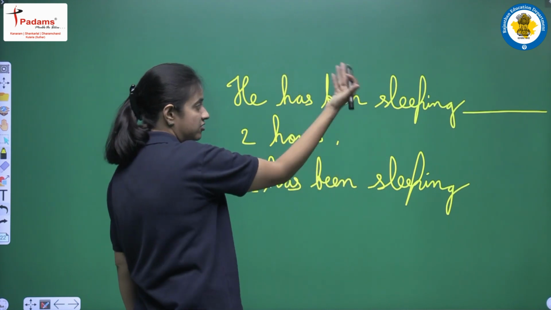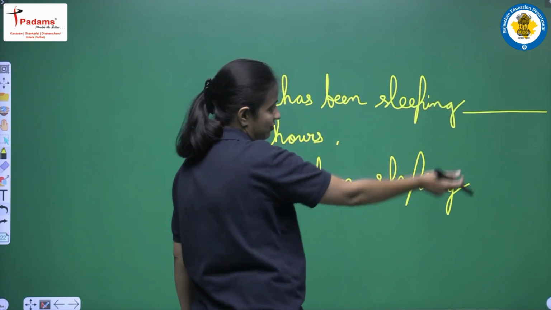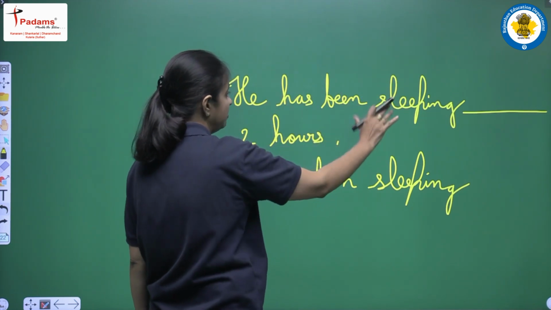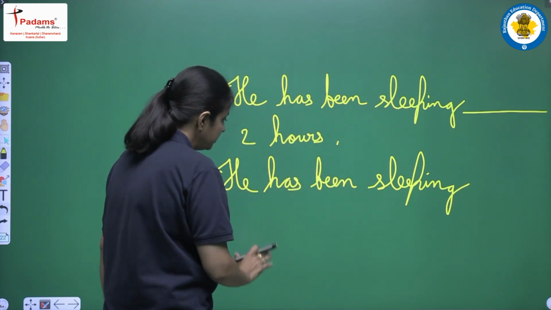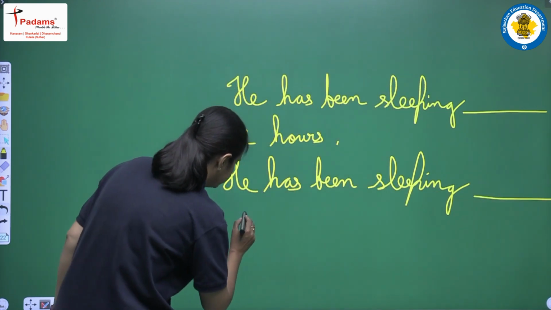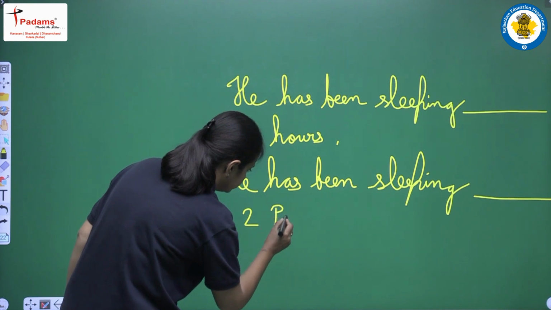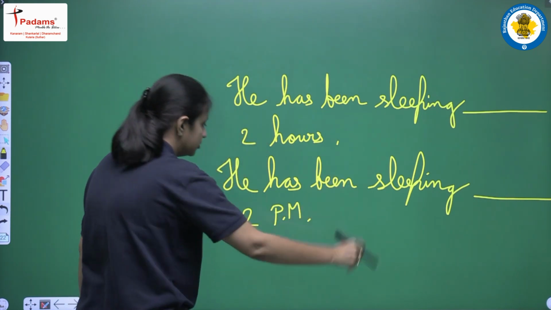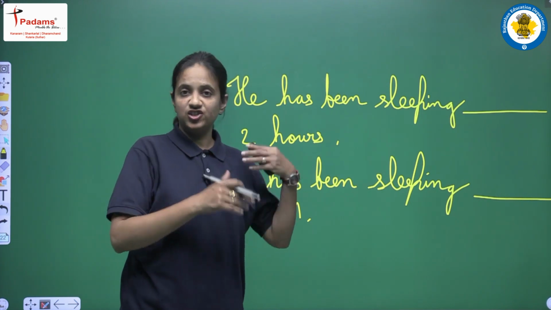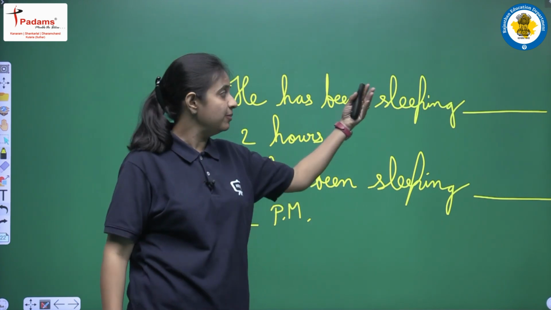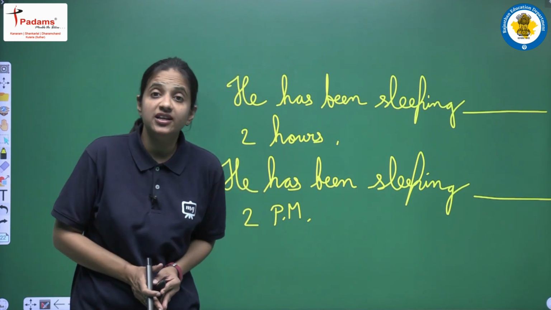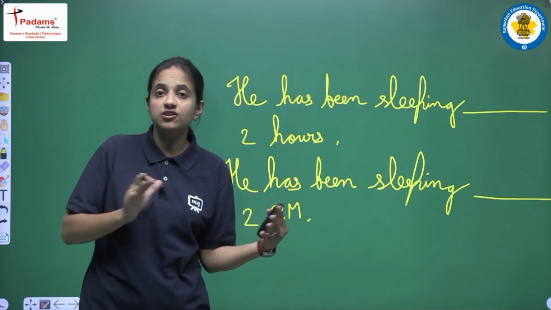The first one was also the same because I am using the same main verb, just to make this clear. So the first one is: he has been sleeping blank 2 hours. The second is: he has been sleeping blank 2 p.m. Okay, so now we have two sentences. The structure is the same, and in fact the main verb is also the same, but I am writing the same sentence just to clarify the use of since and for.